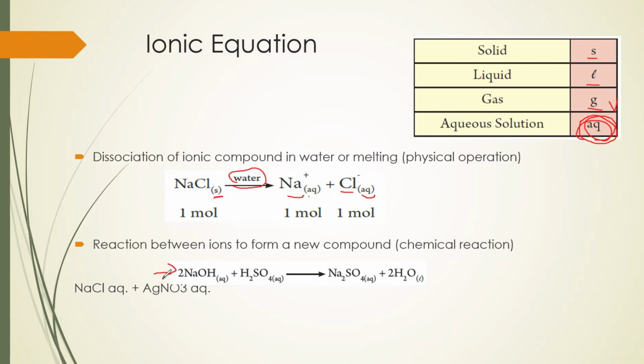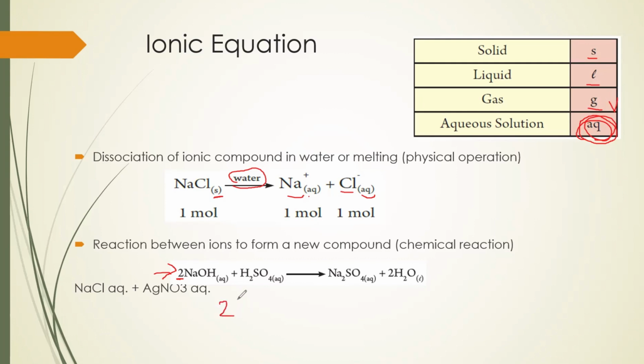Okay, let's see this equation. Sodium hydroxide, 2 sodium hydroxide, don't forget the numbers, and the sulfuric acid. So this 2 goes to sodium and hydroxide.